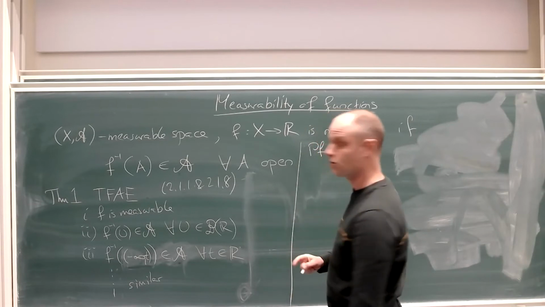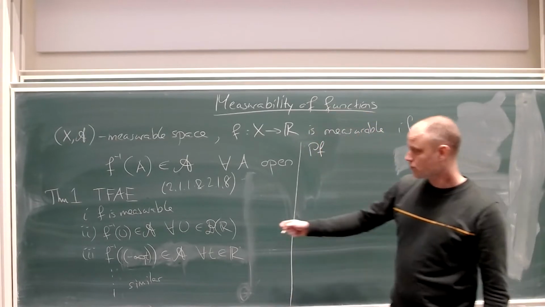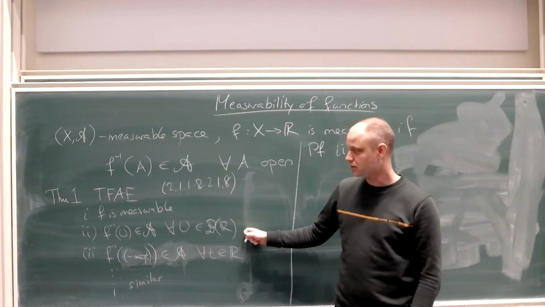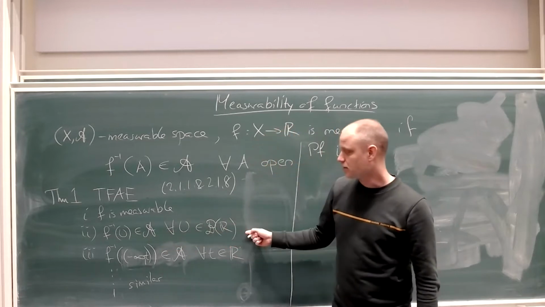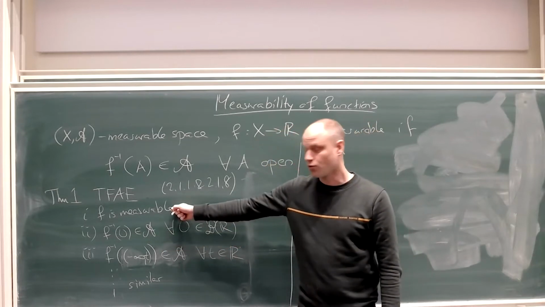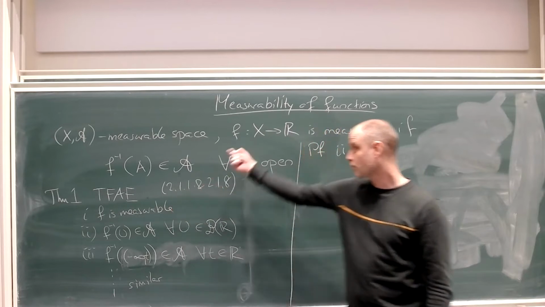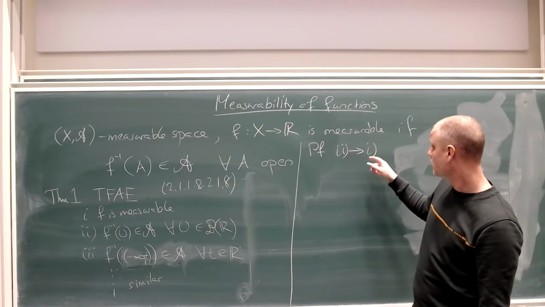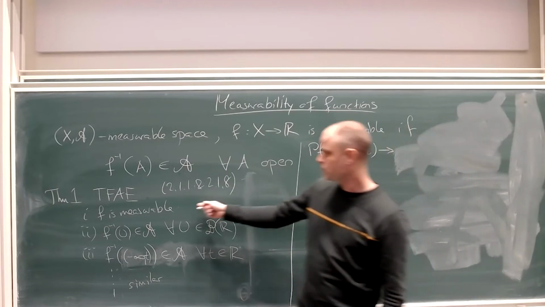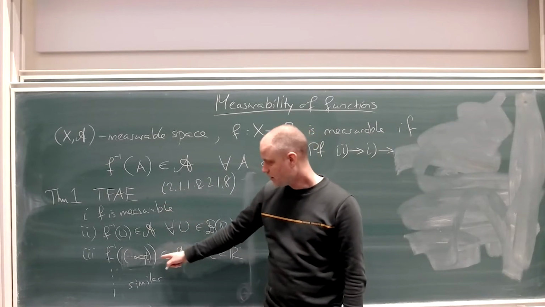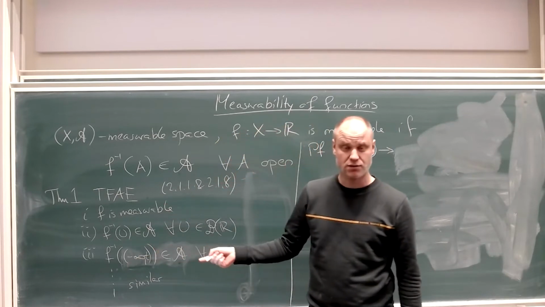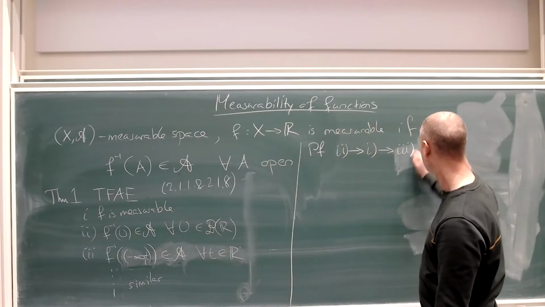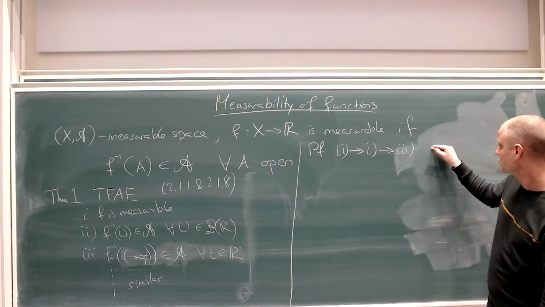Right, so let's look at what a proof would look like. Let's say we have 2, then the pre-image of all Borel sets is in A. But then clearly the pre-image of all open sets will also be in A. So according to my definition, this implies 1. Now, if the pre-image of all open sets is in A, then clearly the pre-image of all half-axes, which are open, is going to be in A. So this is obvious.